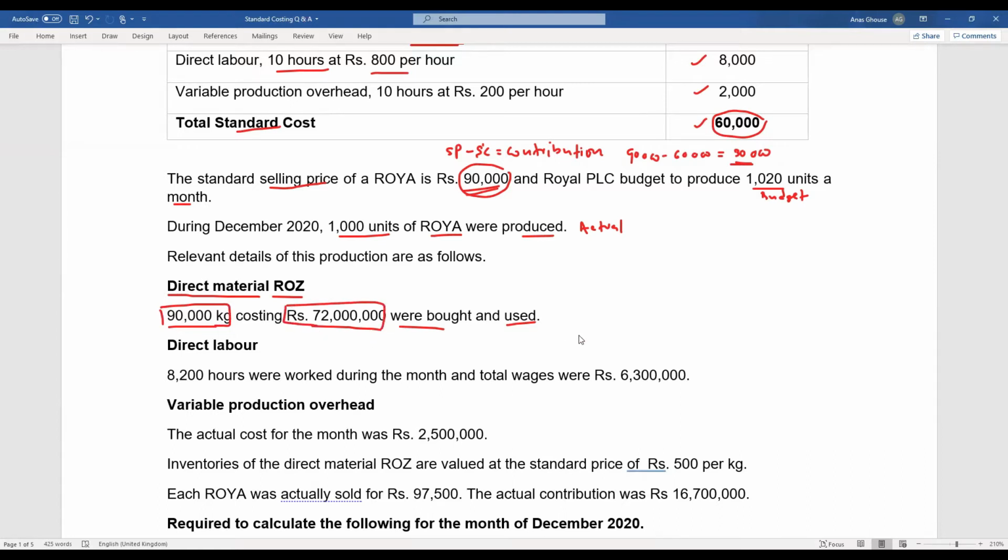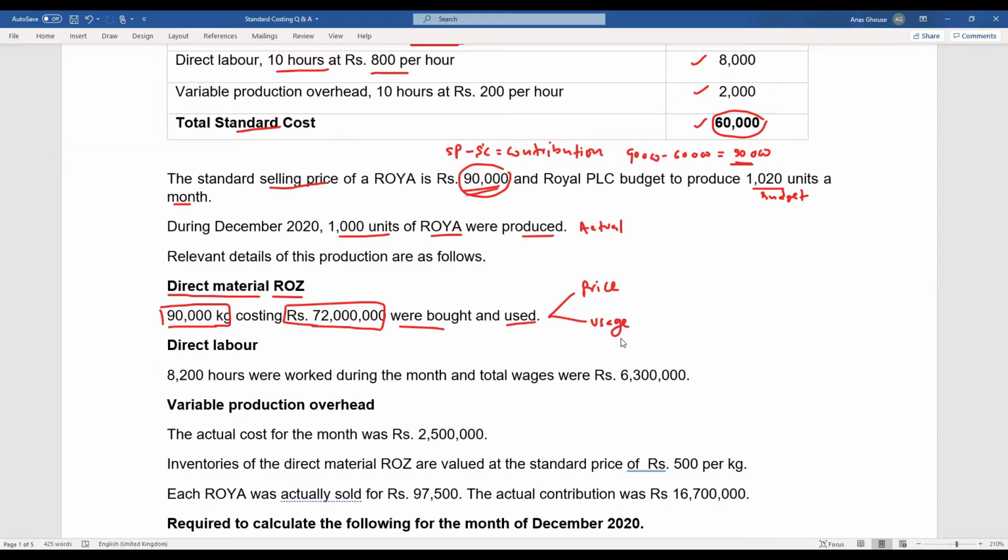Under direct material, as we discussed in our previous sessions, we need to calculate basically two variances, which are the price variance and the usage variance.